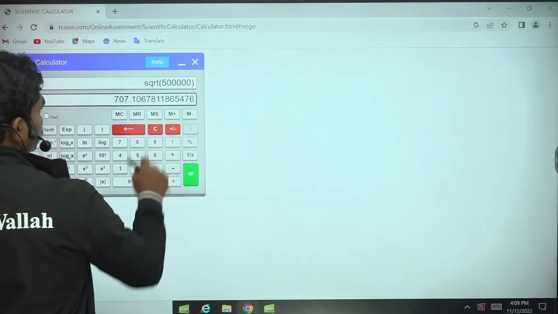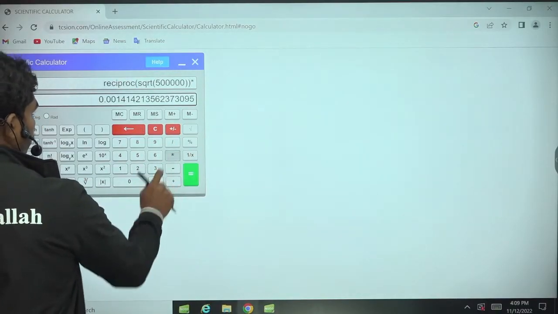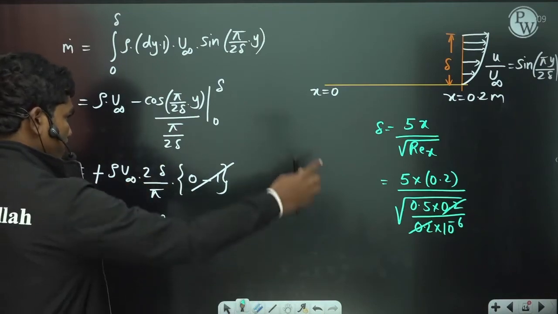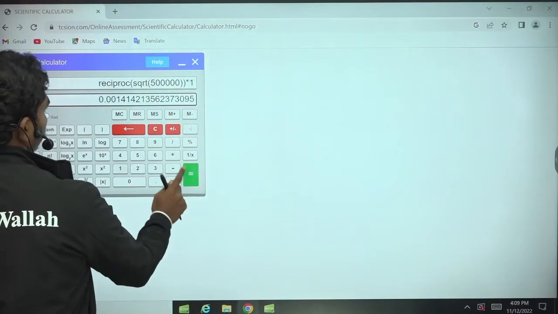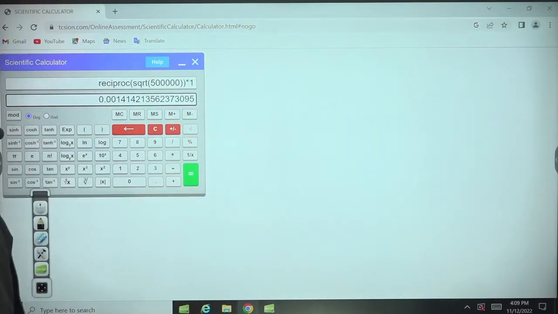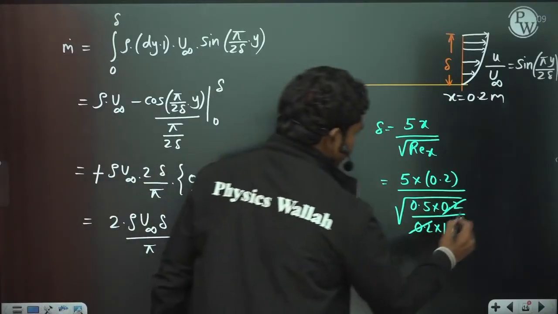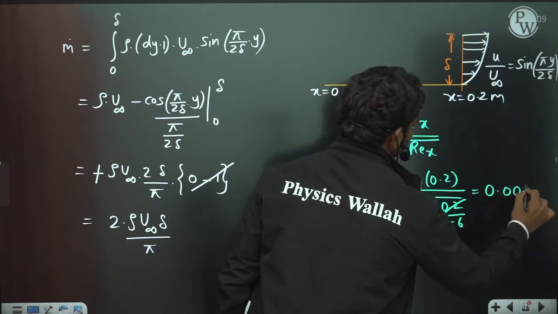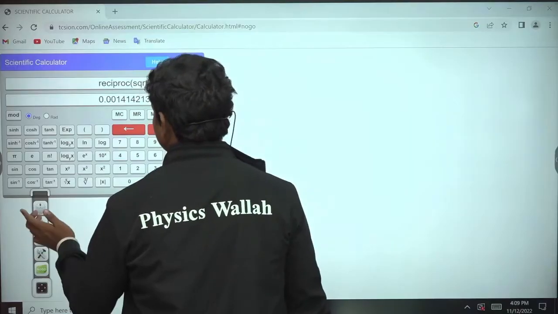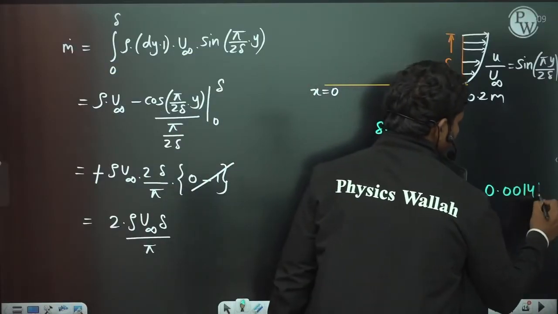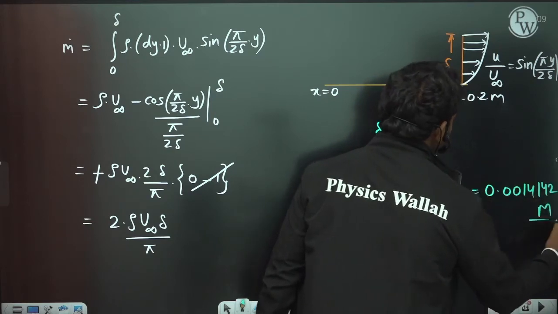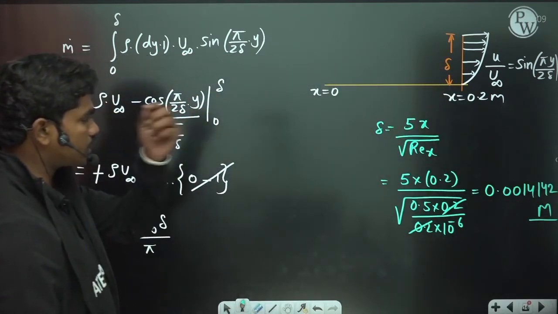So 1 by root of this into 1, since 5 into 0.2 is 1. So basically this value is 1. That's it. So delta is 0.0014142 meters. So this many meters is the boundary layer thickness at a distance of 20 centimeters.